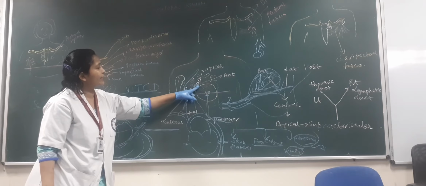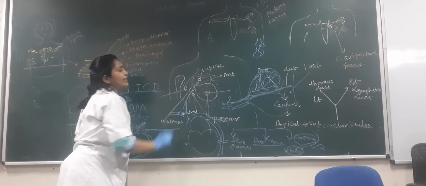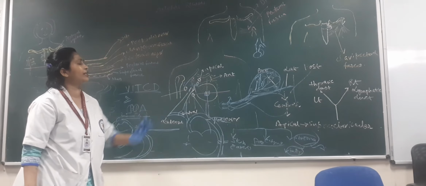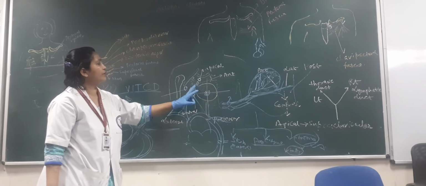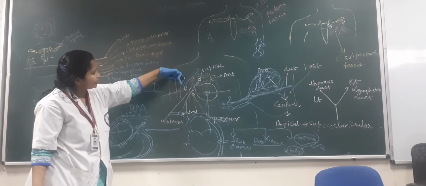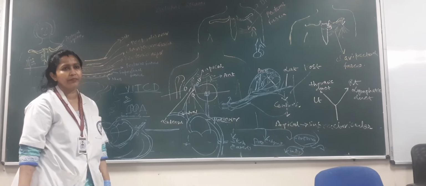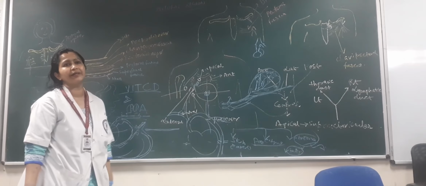So anterior to that, this one is the anterior axillary lymph node. Above the pectoralis minor, but all are along the axillary vein, so this is apical. Above pectoralis minor, apical.